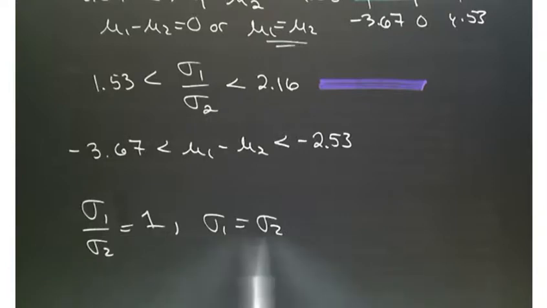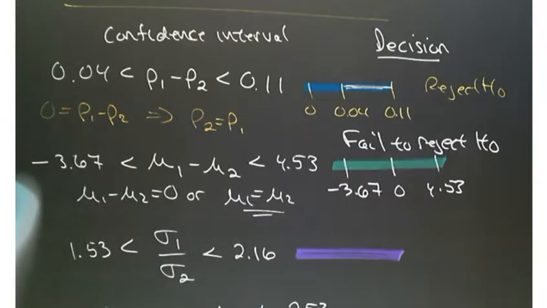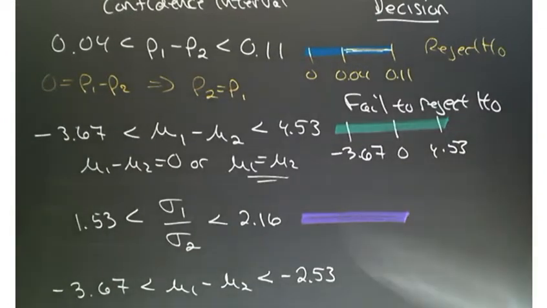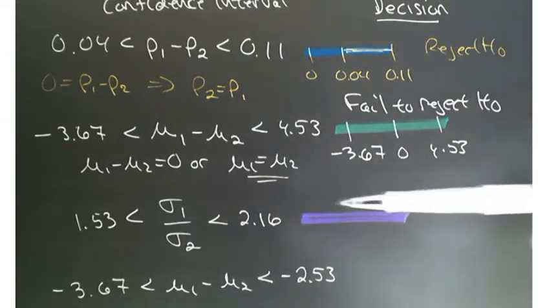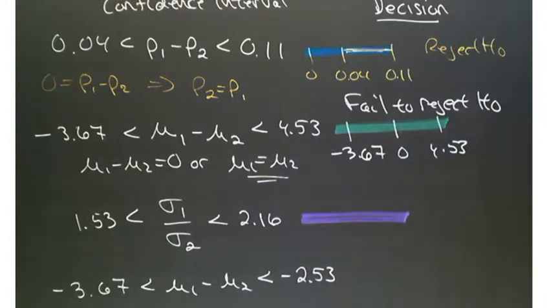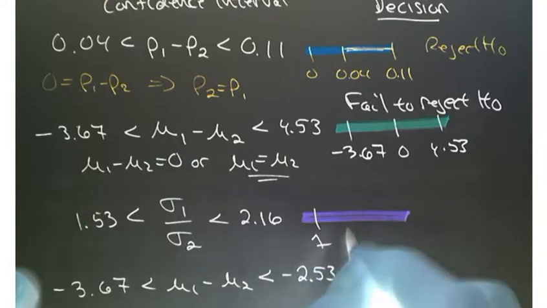This is part of your null hypothesis. So if this is possible, then you should be concluding H0, that is, fail to reject. Let's look back here. What would the decision be for something like this? Reject. Good. Because 1 is not part of that interval.